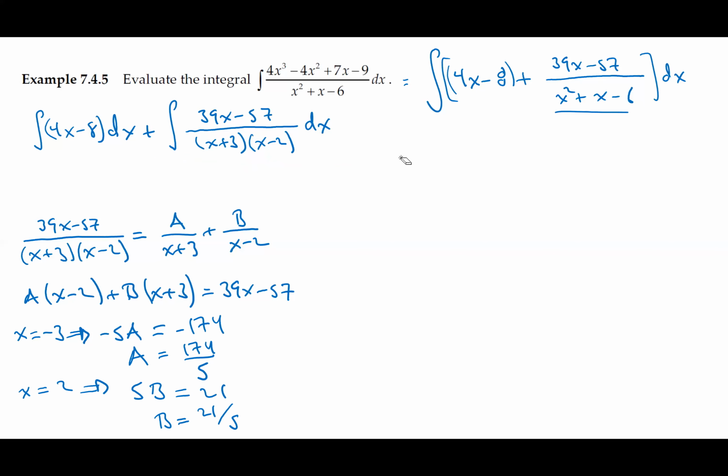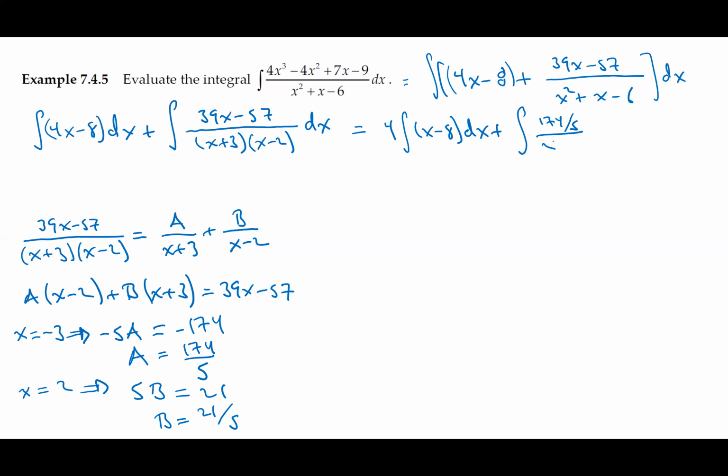Oh, good. Now I can take this integral and write it as follows. So I'm going to have 4 times the integral of x minus 8 dx plus 174 over 5 all over what?